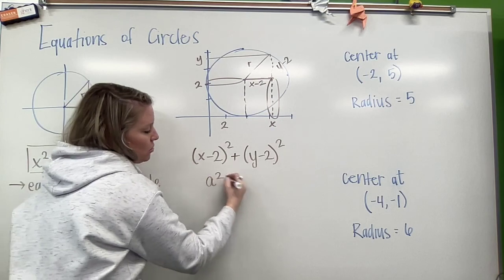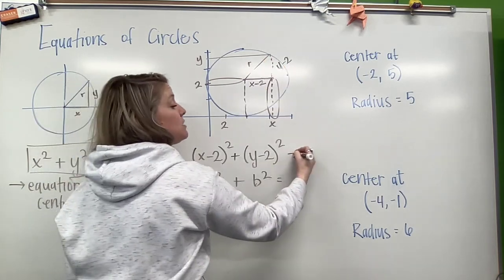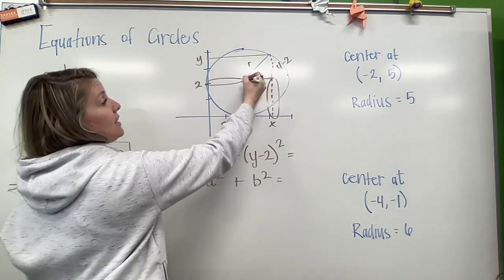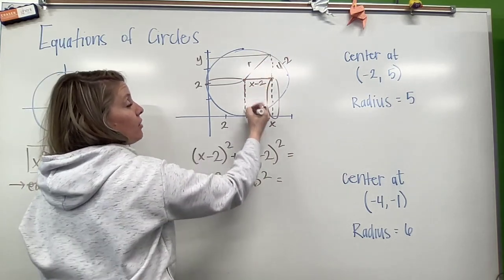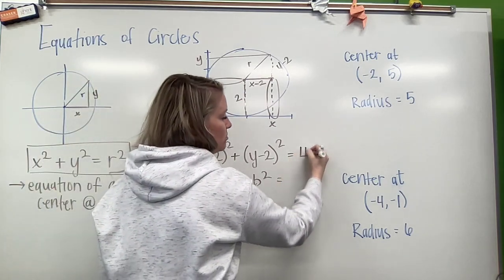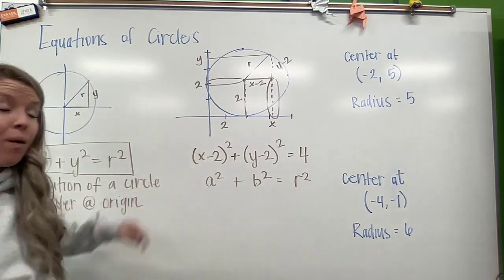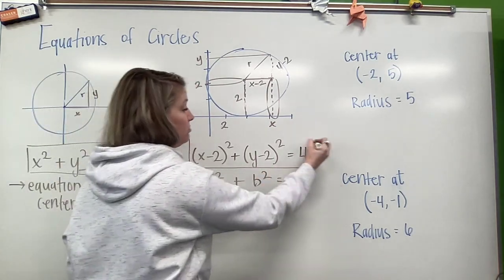Again, we're seeing a squared plus b squared equals c squared, which in this case is my radius. And I can tell, just from my diagram here, that my radius is 2. So I'm going to have r squared. And that's the equation of this circle.